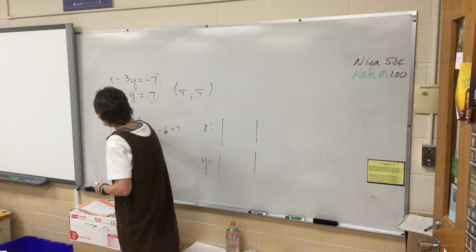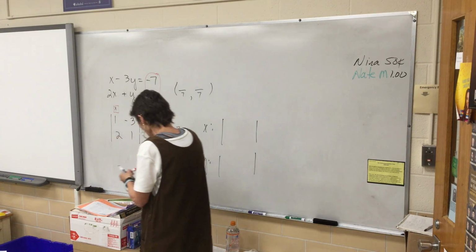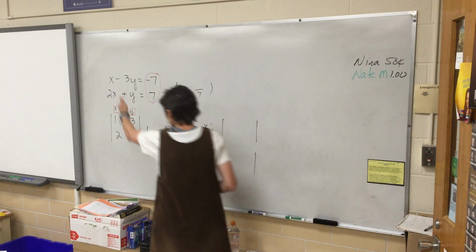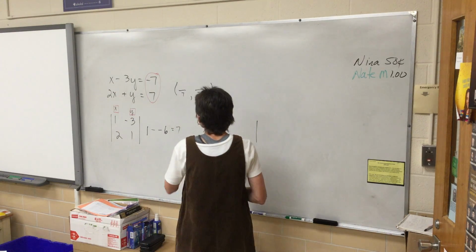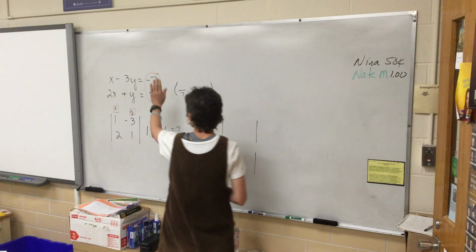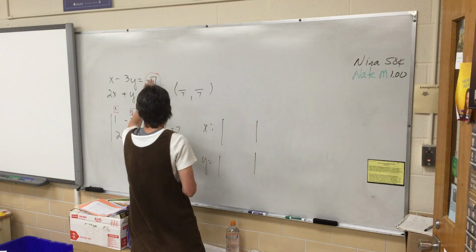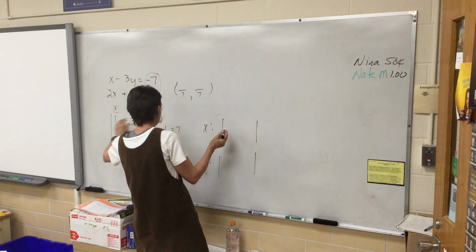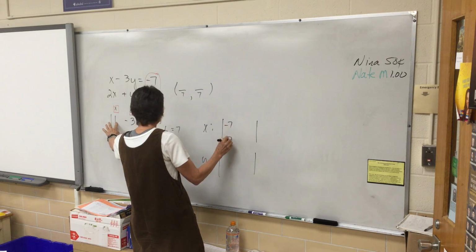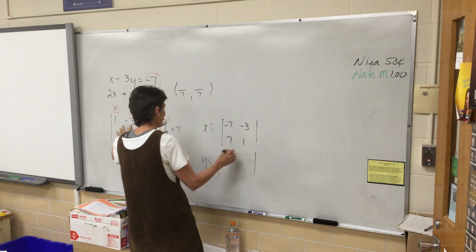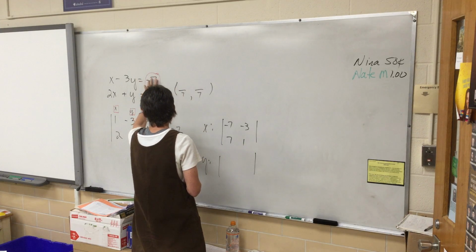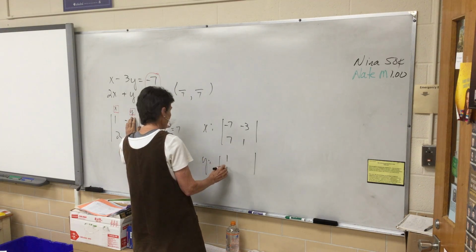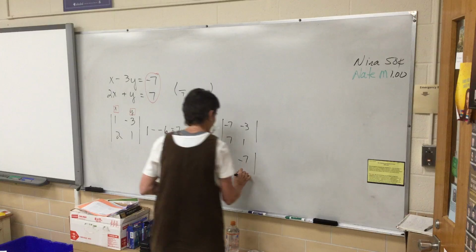And remember, this is the x column and this is the y column of numbers in the original determinant. So for x, I'm going to do exactly what Cam said. I'm going to cut these out and paste them here. So for x, I'm going to have negative 7 and 7, and then negative 3 and 1. For y, these are going to get pasted on the y's. So I'm going to have 1 and 2, and negative 7 and 7.